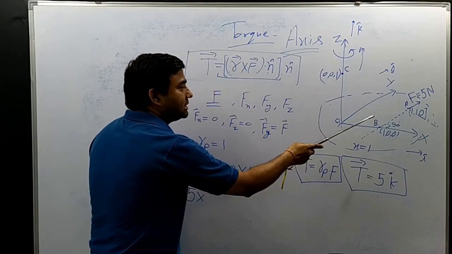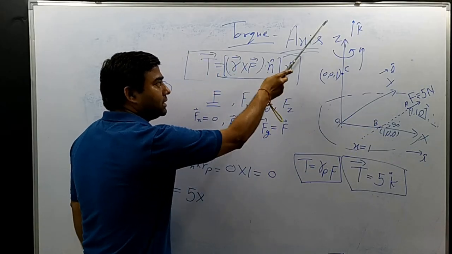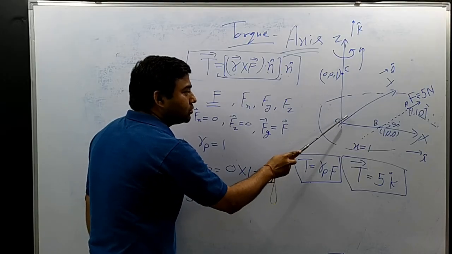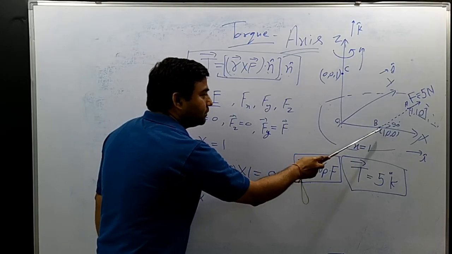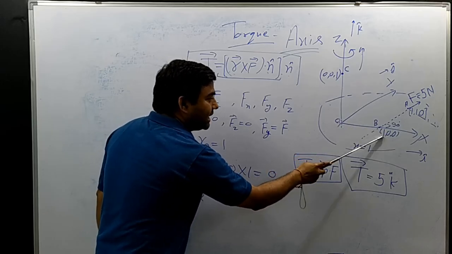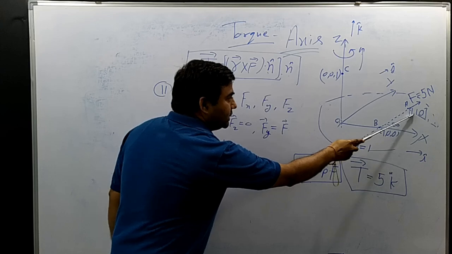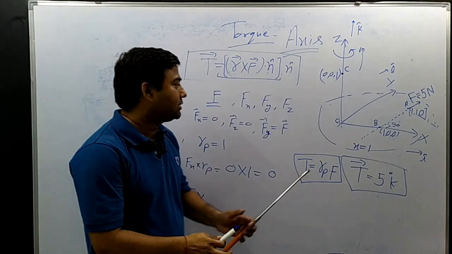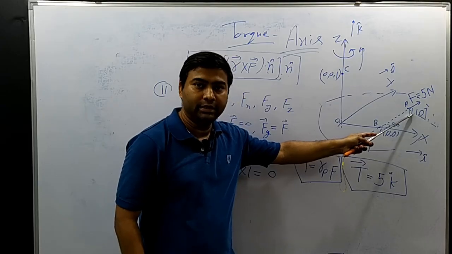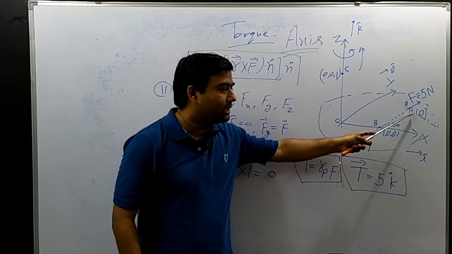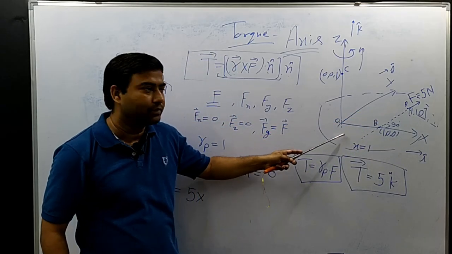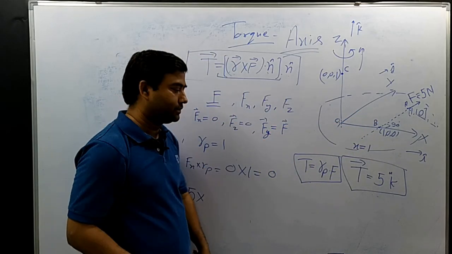This force is perpendicular to the axis of rotation, and the perpendicular distance between the axis of rotation and the force is the x coordinate of point A. The x coordinate of point A is nothing but the perpendicular distance between Fy and the axis of rotation.